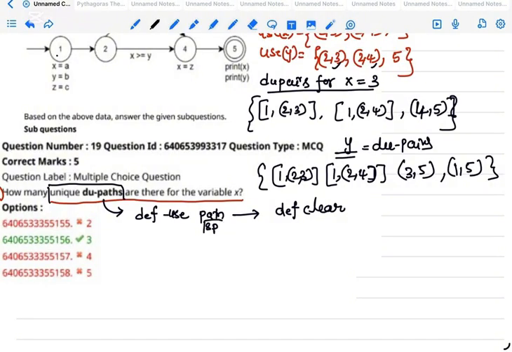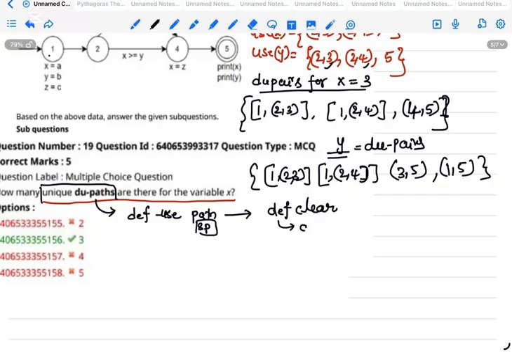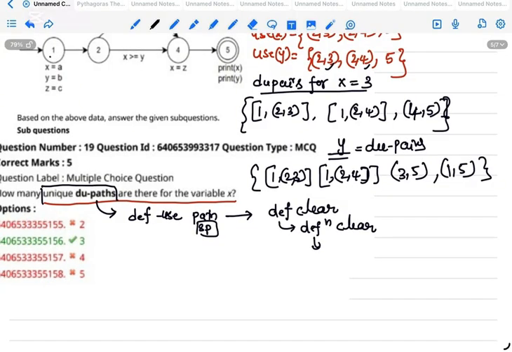Du means definition, use paths, that is simple paths. The path should be def clear. Clear means definition clear path. First definition and use second.